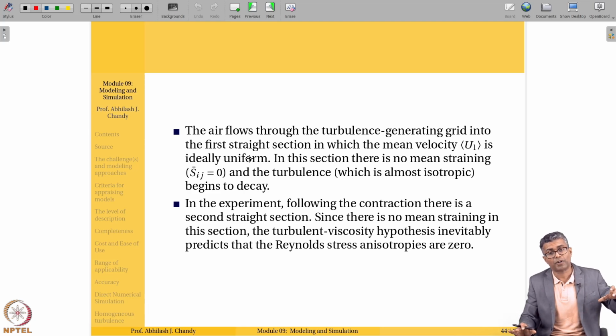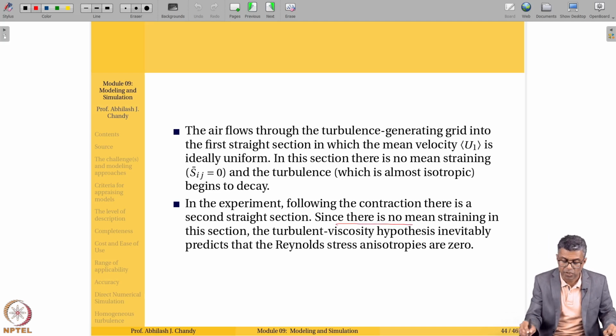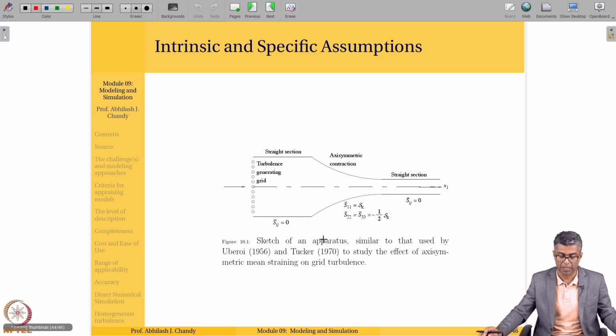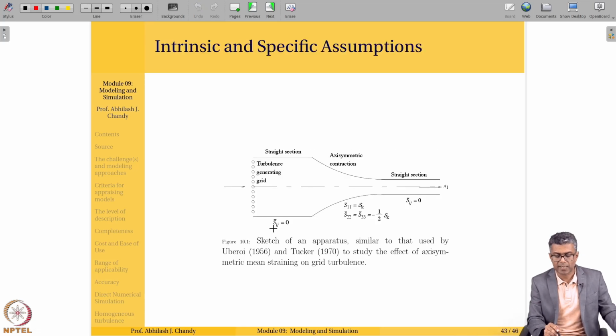In the experiment following the contraction, there is a second straight section. Since there is no mean straining in this section, the turbulent viscosity hypothesis inevitably predicts that the Reynolds stresses are 0 here. What do I mean by it? Sij mean is going to be 0 in this straight section.